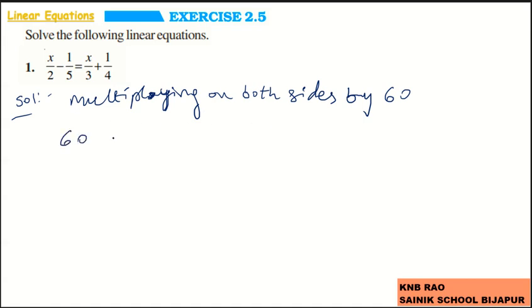So, I will do it by taking the LCM of all the 4 denominators in method 1, and next I will do it separately, LHS separately, RHS separately.